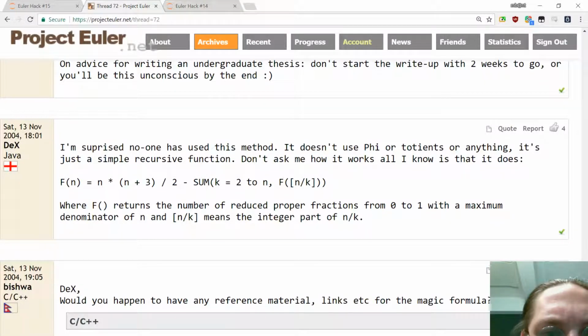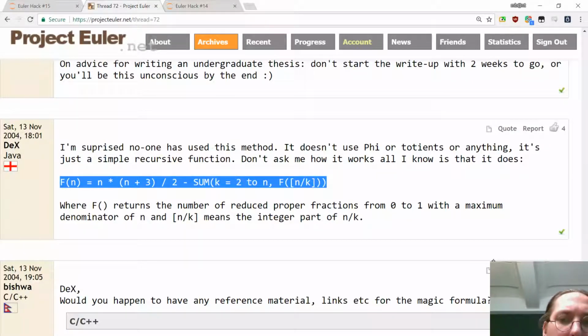He finds a factor k. See? It's the same thing. He finds a factor k, so he relates f of n to f of n over k. That is what we did here too.